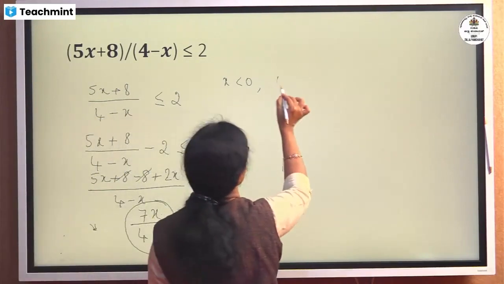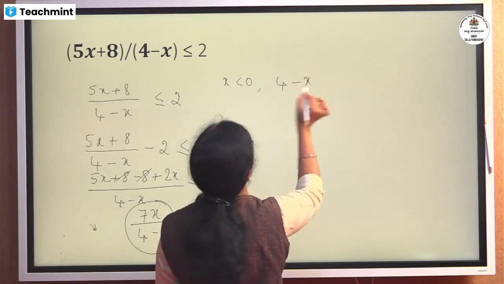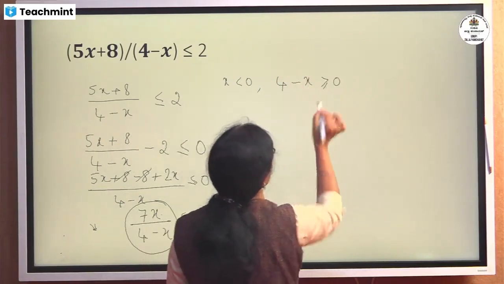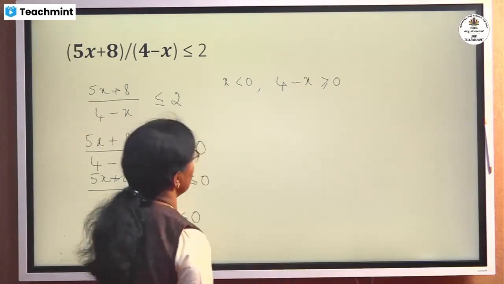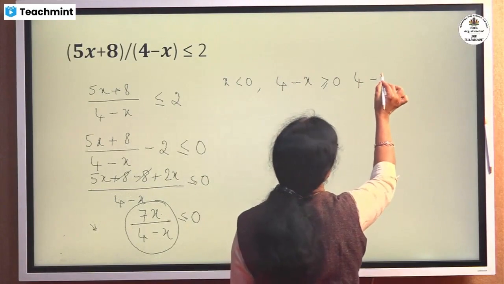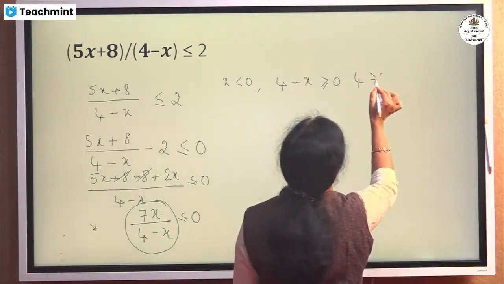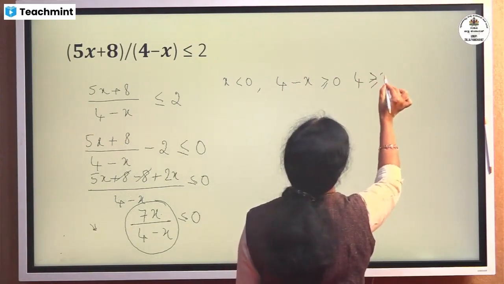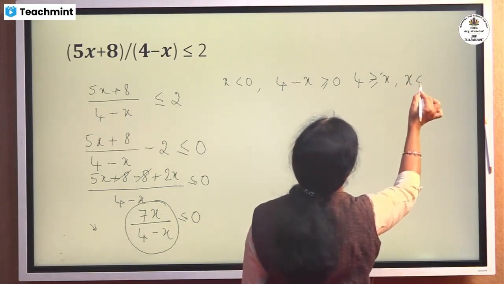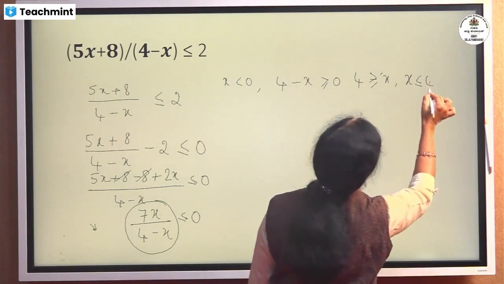Therefore, the condition is 4 minus x must be positive, greater than or equal to 0. So if I solve this inequation, 4 is greater than or equal to x, or the condition is x is smaller than or equal to 4.